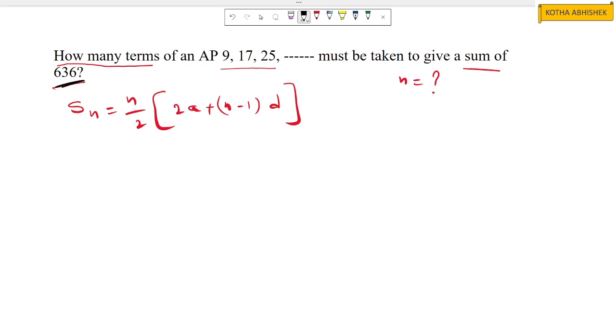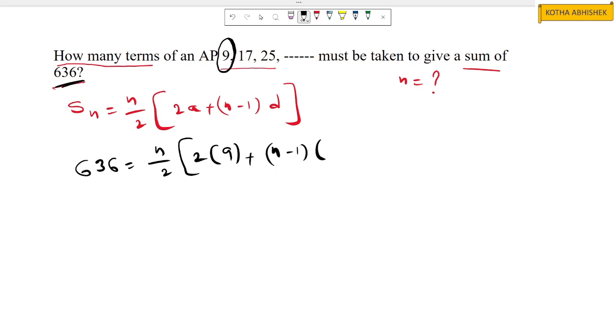So the Sn value is given as 636, which equals n by 2 into 2a plus n minus 1 into d, where n is unknown. Here a is the first term, which is 9, and d is the common difference, second term minus first term, 17 minus 9, which is 8.